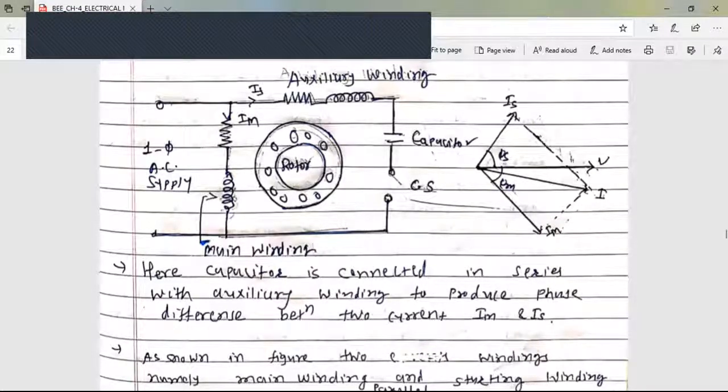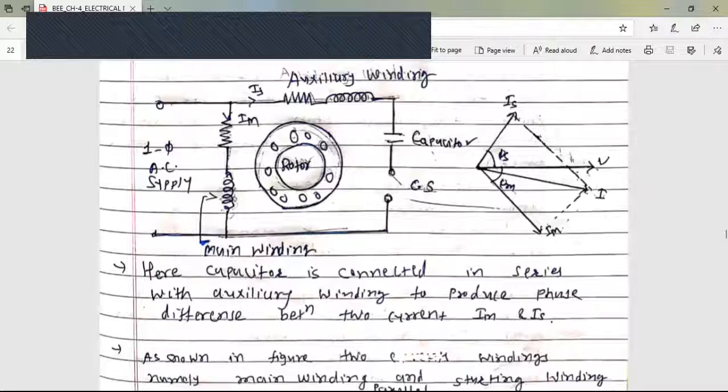See here, the capacitor is present, that's why this current IS in the starting winding leads voltage V. This is the difference between the split phase induction motor and the capacitor start induction motor. Here IS leads voltage V by some angle phi s, and current IM lags voltage V by angle phi m. So here is the resultant current.